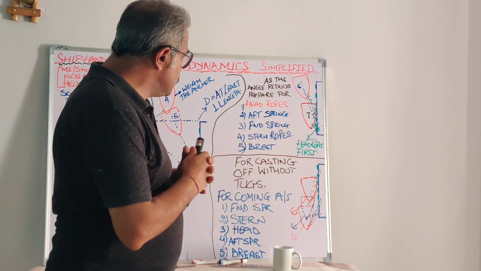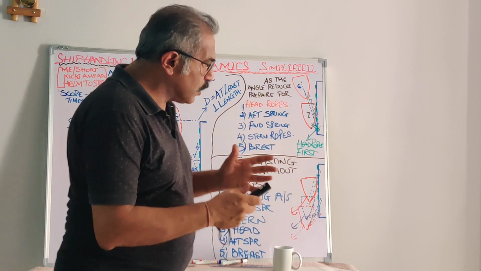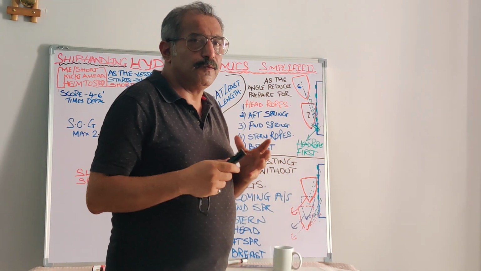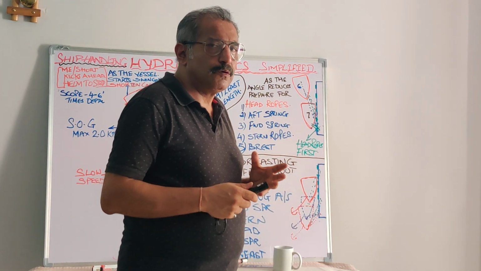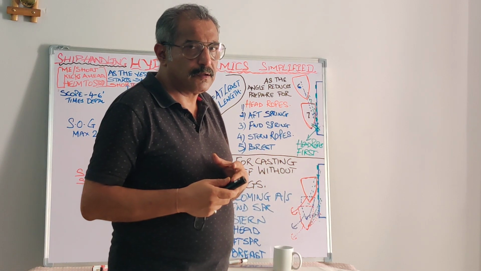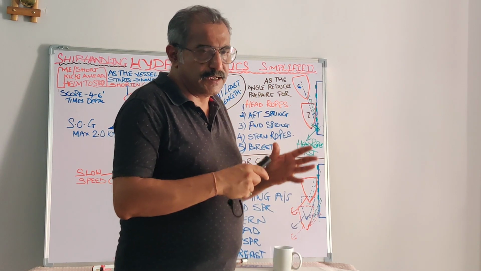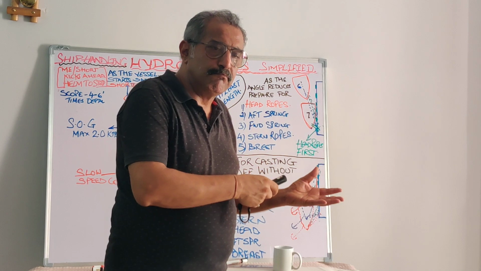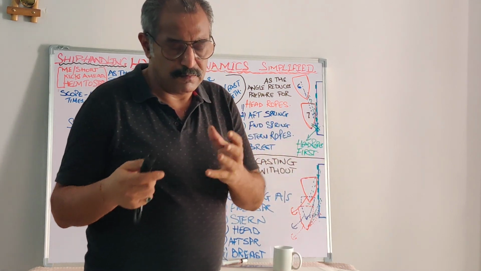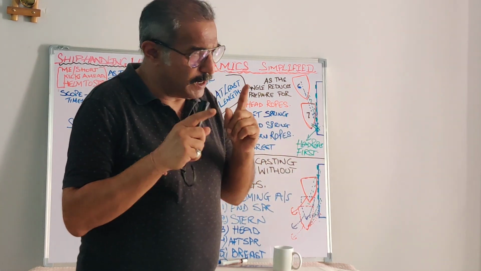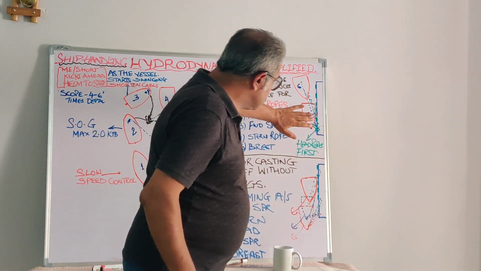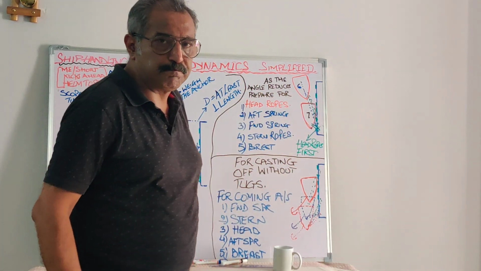Now the scenario is, what if the vessel has to move out without a tug? That is notified to the pilot, to the master, well in advance. In that particular case, this scenario changes completely.